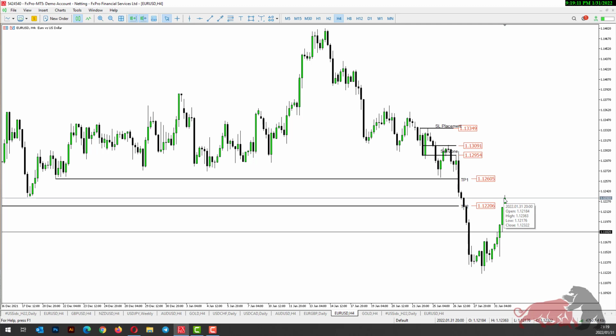So if we are anticipating further weakness in the dollar tomorrow, right, 1.1260 becomes crucial. This price point becomes crucial. This is most probably where we are going to start facing a bit of resistance to this rally that we are seeing in euro at the moment. Why 1.1260? Because there's inefficiency right here.